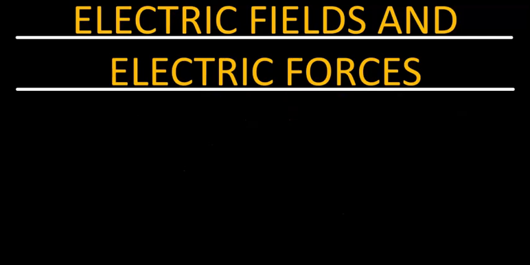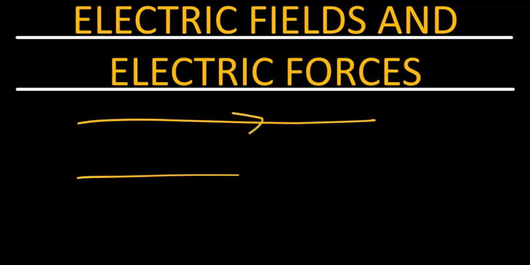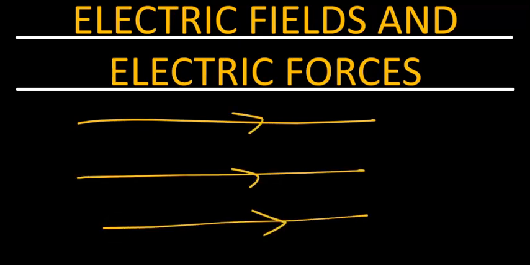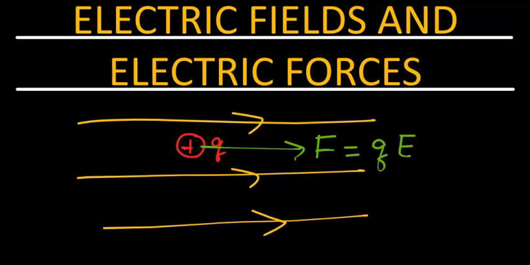So the main idea is simple. If you have an electric field going to the right, let's say, and you have a positive charge sitting in this field, the force on this positive charge will be rightward as well, and that is given by F equals QE, where E is the strength of that electric field. This electric field may be produced by some other charge, for example.